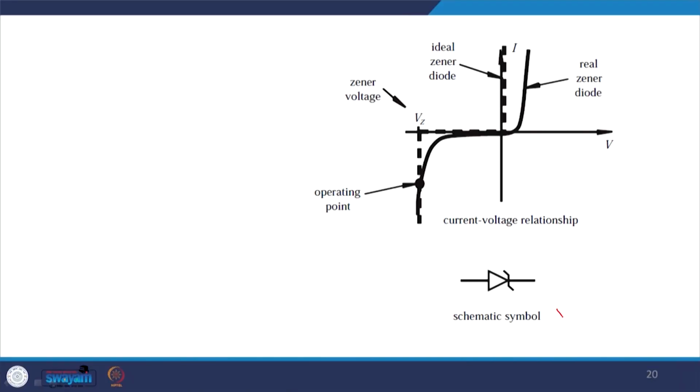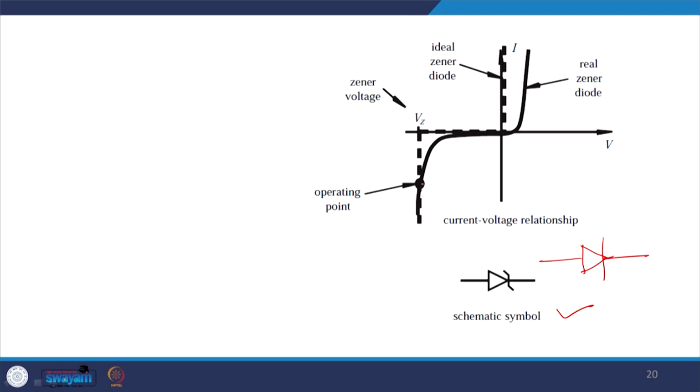So, here we can see the schematic symbol of the Zener diode. Here you can see the difference, whereas for the normal diode the symbol is this one, in case of the Zener we have a different symbol, and this is the VI characteristic of it, and here we are interested in the Zener being reverse biased.